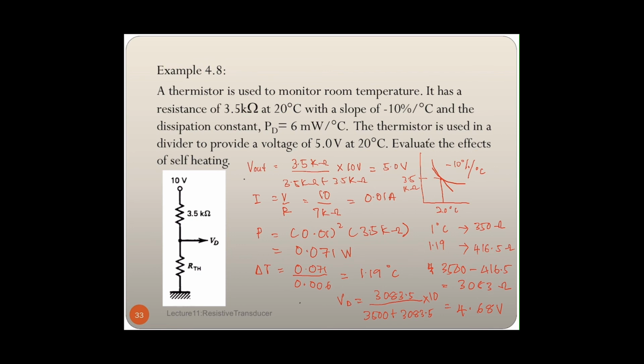Then the resistance that represents 21.19 is 3083 ohm. From there, we calculate the voltage output is actually 4.68 volt, not 5 volt. So that is the effect of self-heating.